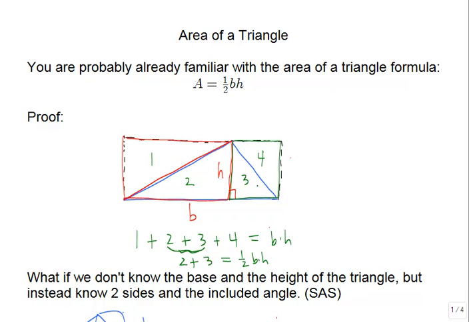And triangle 2 plus triangle 3 make up the area of the original triangle that we were trying to find the area for. So this proves that the area of that blue triangle must be half the entire base times height. Now that's a formula that's useful if you know the base and the height.